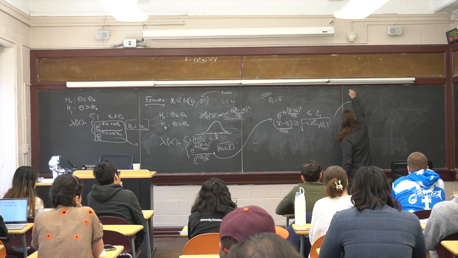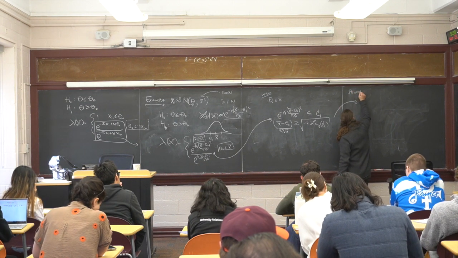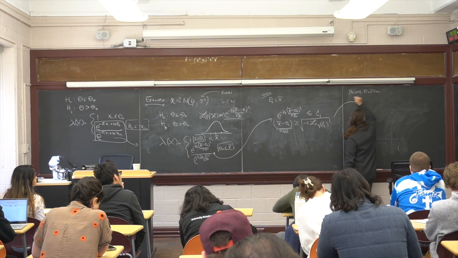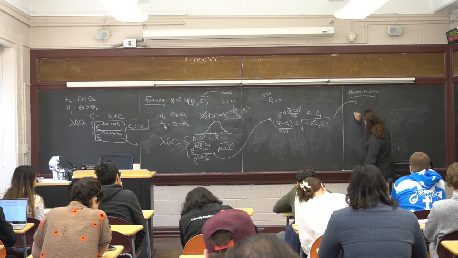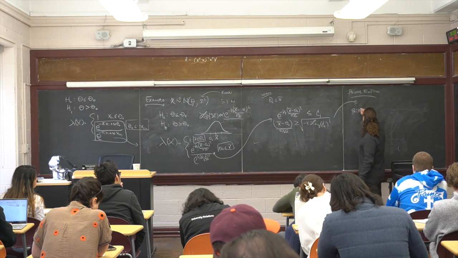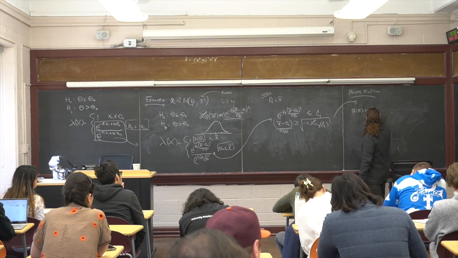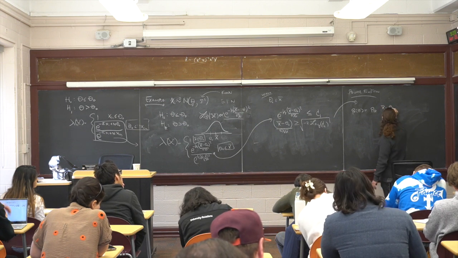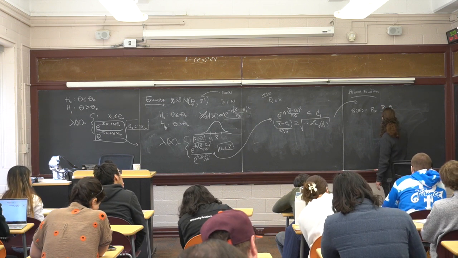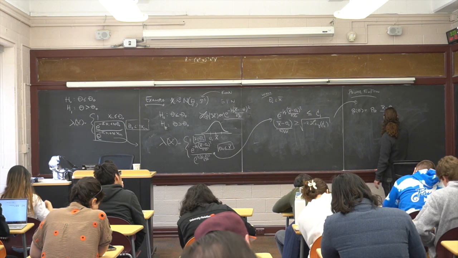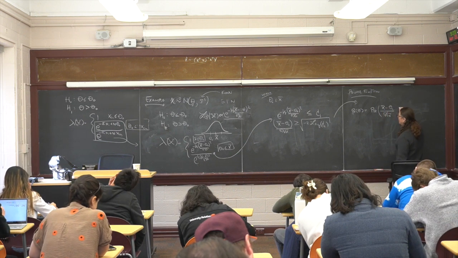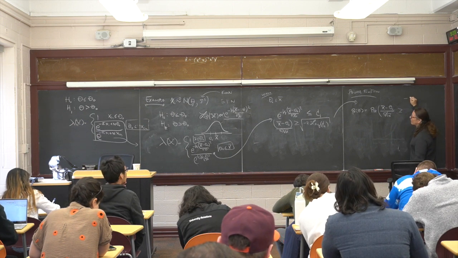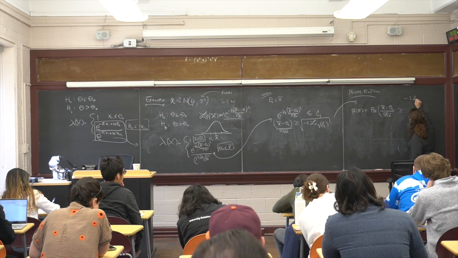So the power function is beta of theta, equals the probability that (x bar minus theta naught) over (sigma over root n) is going to be greater or equal to, and I'm just going to write this up here, the square root of minus 2 log c.